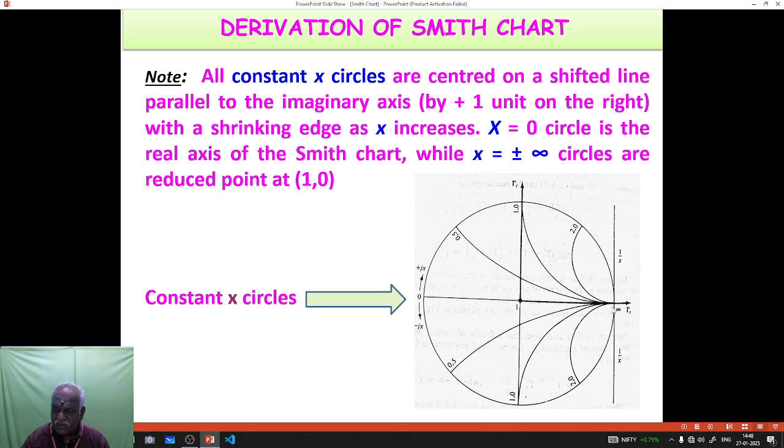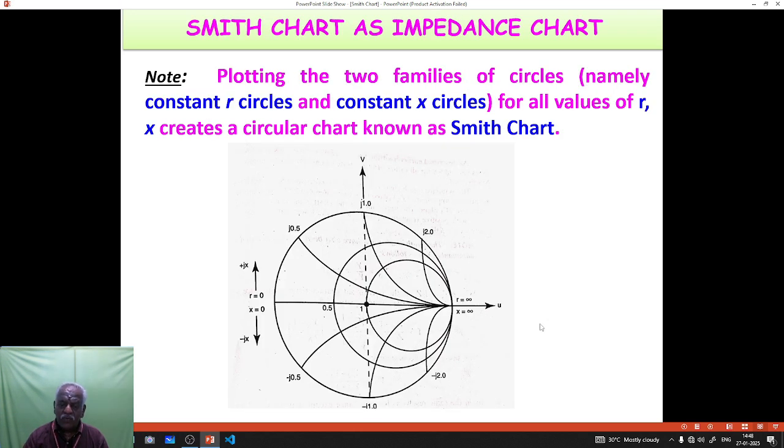Plus x moves in the clockwise direction. The upper half of the diagram is plus jx, and the lower half of the diagram is minus jx. These are constant x circles. Now when these two families of circles are superimposed on a single chart, we get a Smith chart.